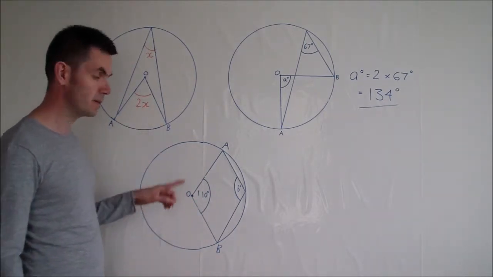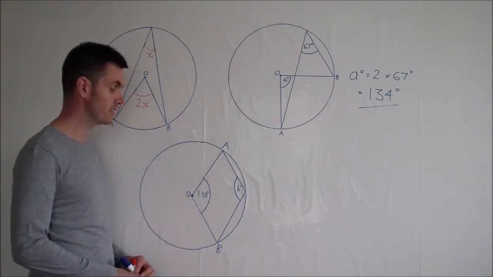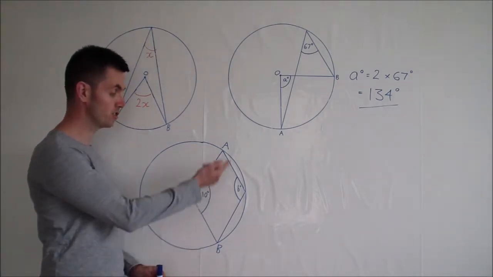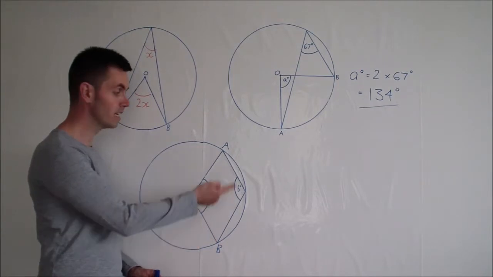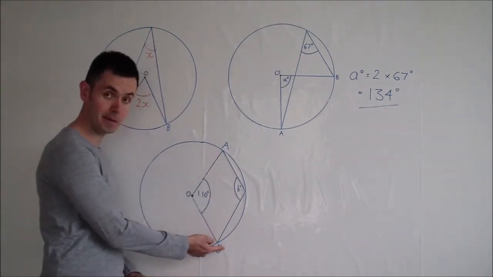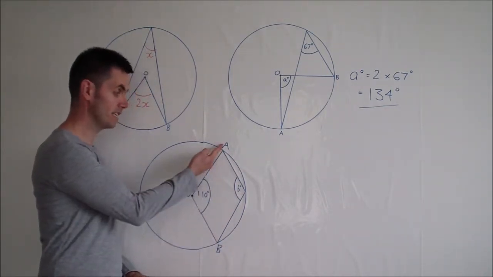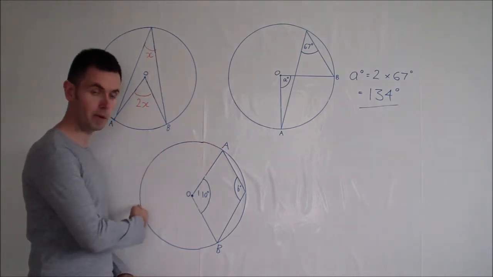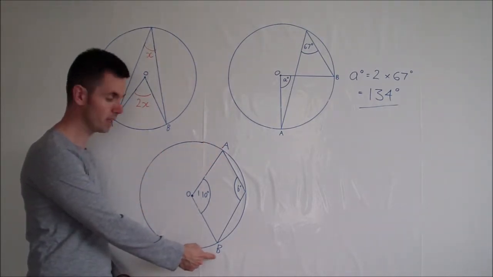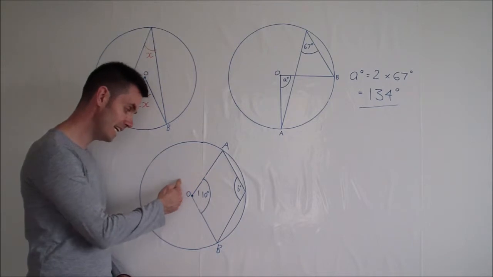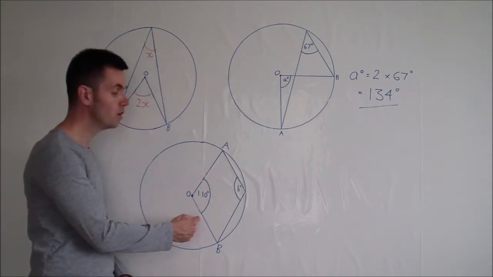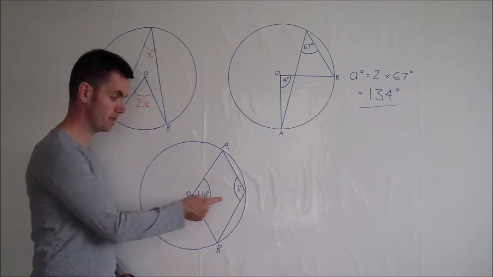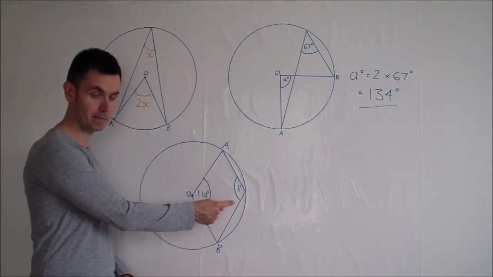But what it is important to notice is that the arc from which these lines are drawn is not A, B, it's actually in this direction, A, all the way round to B. So it's this angle here, this reflex angle, which is twice as big as this angle, B.